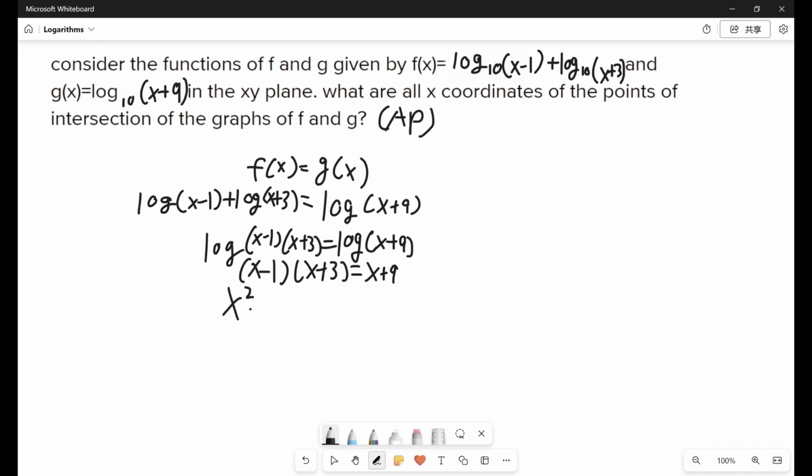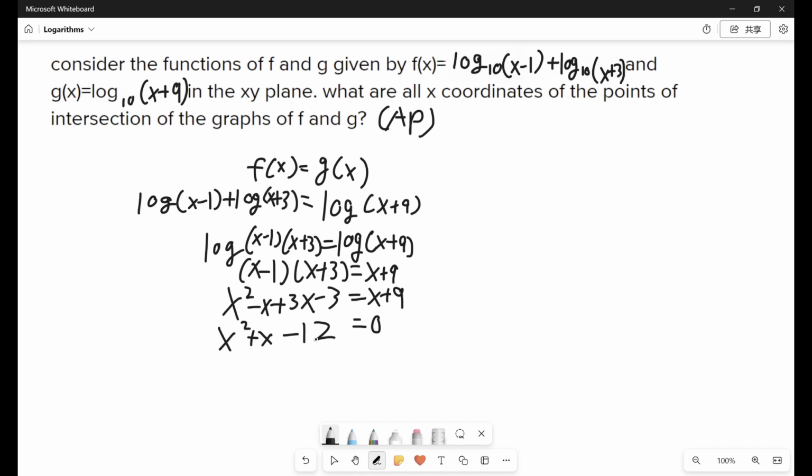We can expand the left-hand side. It gives us x squared minus x plus 3x minus 3 equals x plus 9. And then we subtract x, so we have minus 2x plus 3x, or we add x, and we move x to the other side, and then minus 12 equals 0.